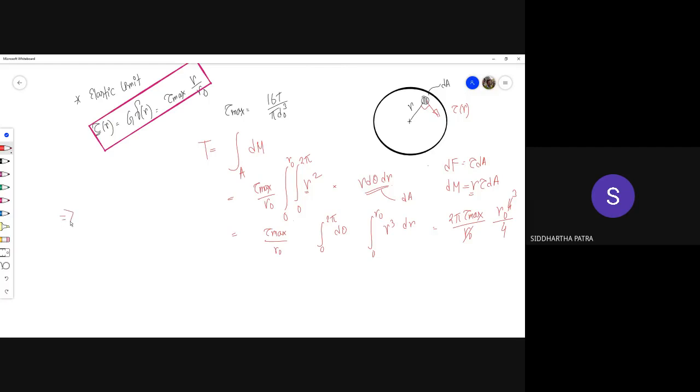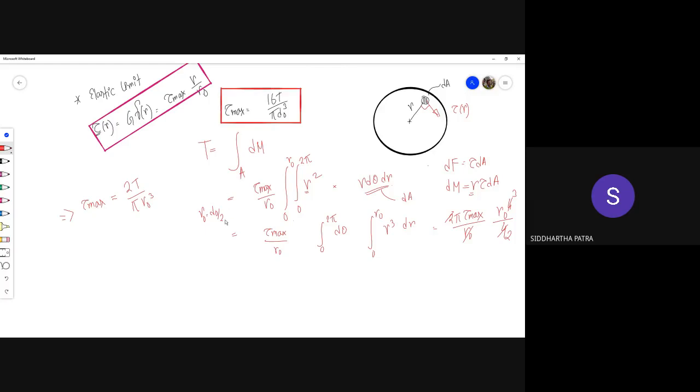So that gives me the expression for tau max, two T by pi r0 cube. And if you substitute r0 equals d0 by 2, you are going to get the familiar expression.